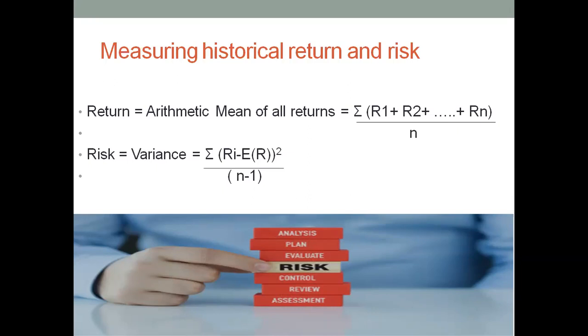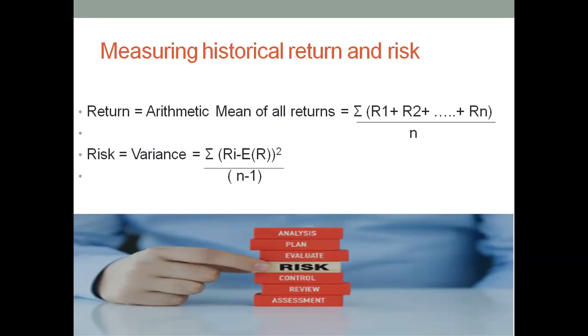If we are going to measure the historical return and risk, the best measurement of return is the arithmetic mean of all the returns. Suppose R1 is the rate of return for the first month, if we are going to find out the return in the last year in 12 months.